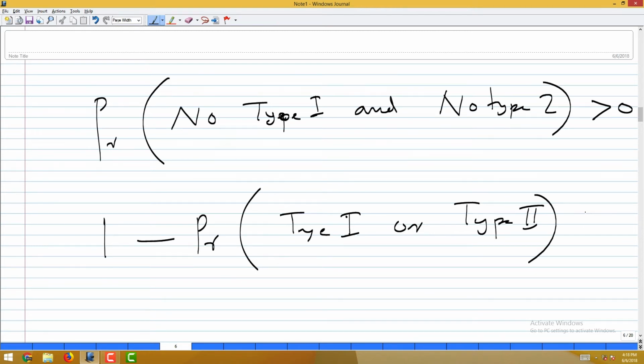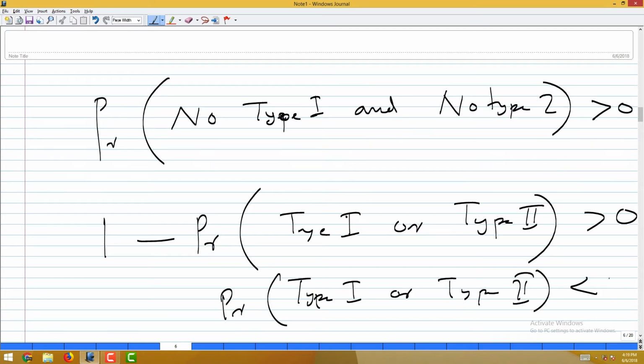So we want this to be greater than 0, that means the probability of type 1 or type 2 should be less than 1.